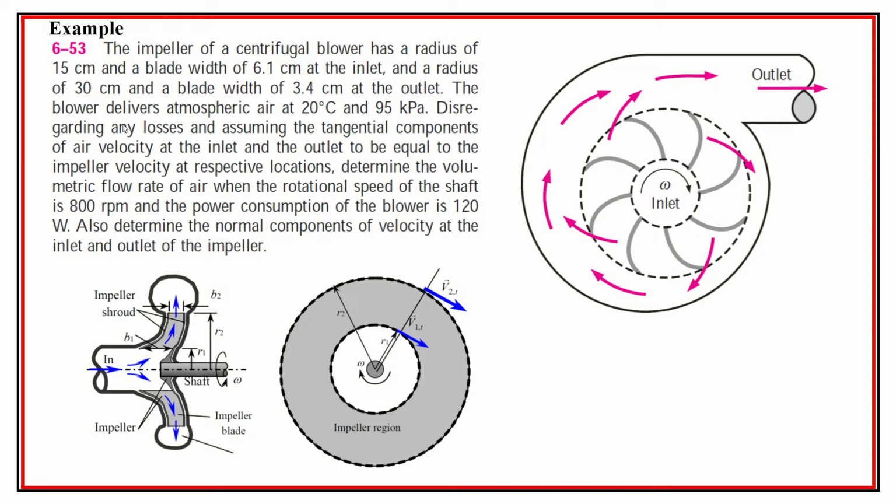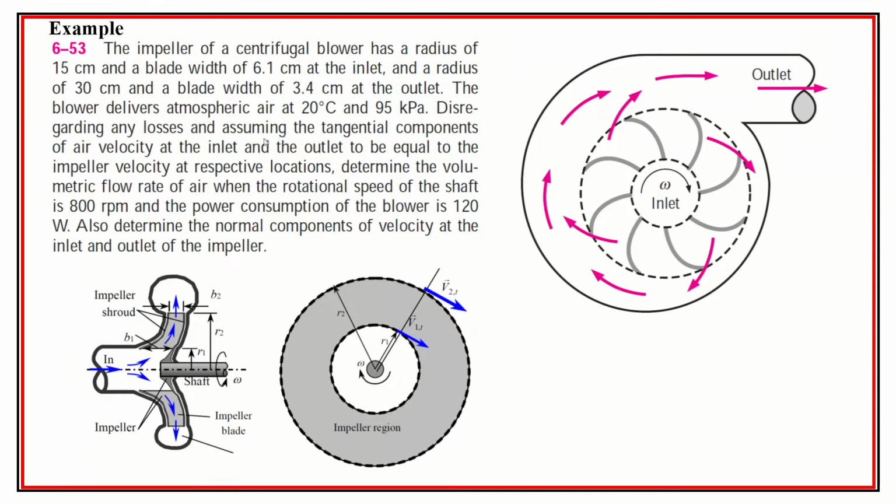R1 is the 15 centimeters, and B1 is 6.1 centimeters. Then the outlet, right up here, is R2, a 30 centimeter radius, and the blade width is 3.4. So that kind of explains it. It was hard to tell from up here.